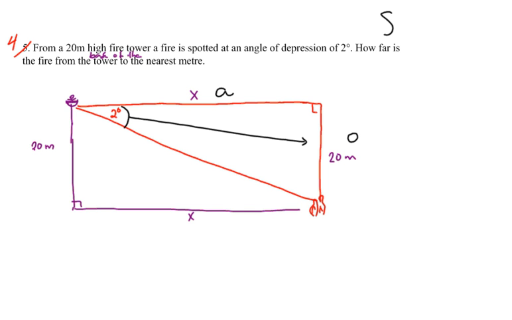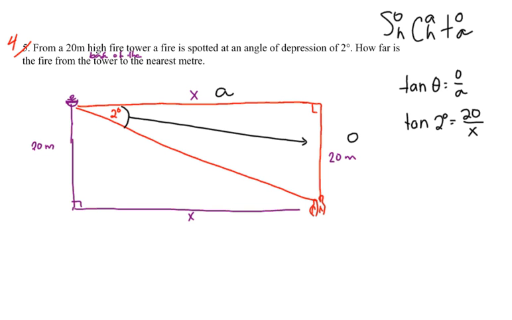SOH CAH TOA. Tan. So tan of 2 degrees equals 20 over x.